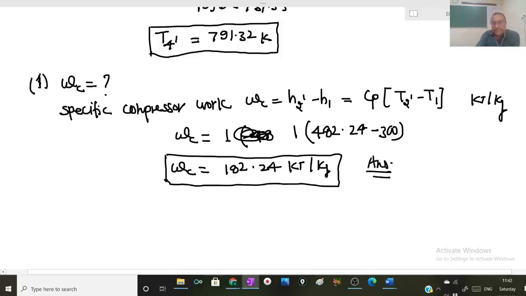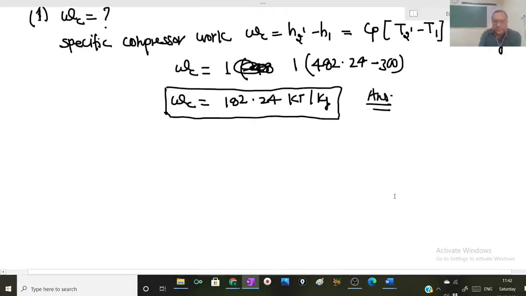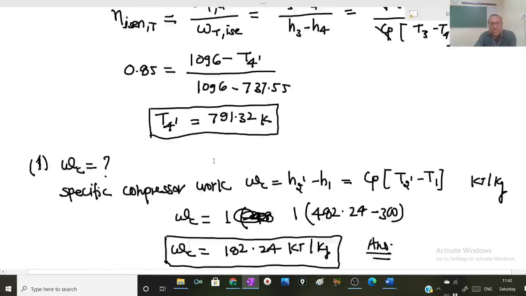Got it? Then parameter number 2. You have been asked to calculate the heat supplied. Now from equation 1, if you remember, what is equation number 1?